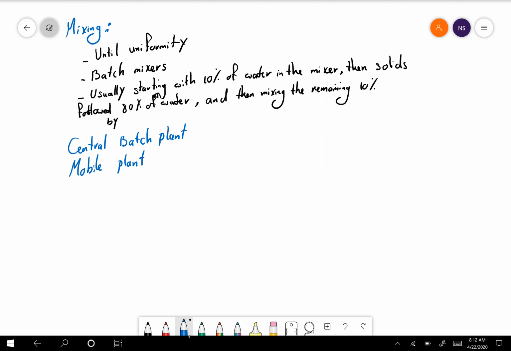That's the type that you mix in the central plant and deliver in ready-mix trucks.